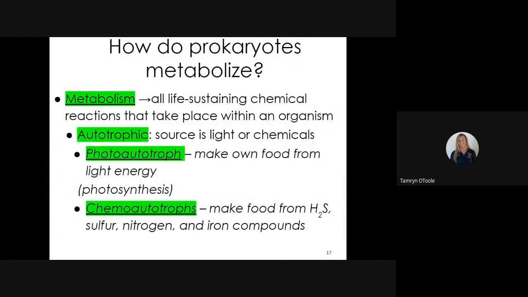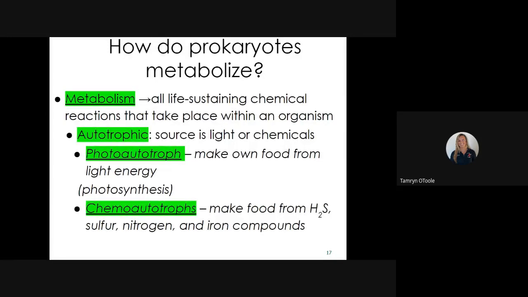All right, let's look at a little bit about metabolism, and I filled in all of these notes for you. If you will just highlight a few different things, I only want you to highlight the word autotrophic, which is the second bullet point word, and then I want you to highlight the word photoautotroph. So these are autotrophic organisms that make their own food from light energy.